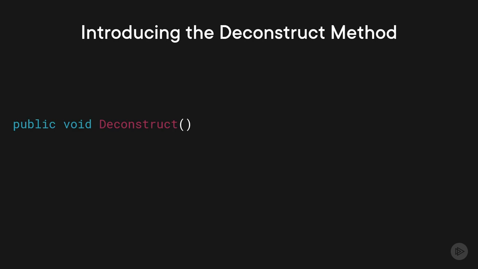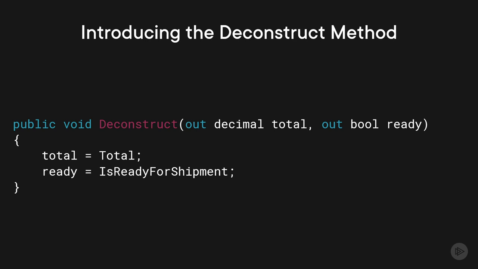If it's void, how do you define which variables are deconstructed from this instance? This is done using out parameters. You have to specify at least two parameters, otherwise you cannot deconstruct the object. Out parameters always need to be assigned a value, otherwise you'd get a compiler error.